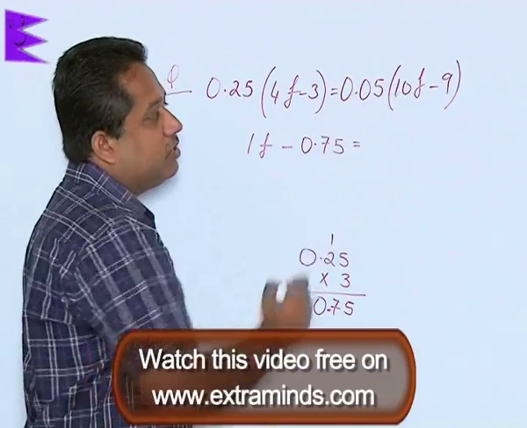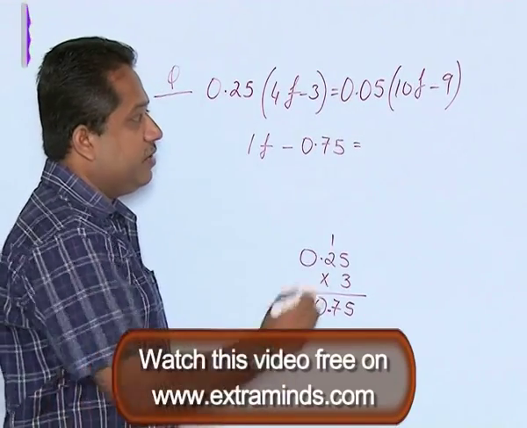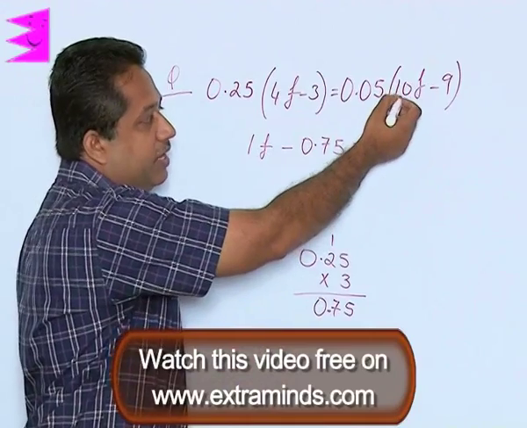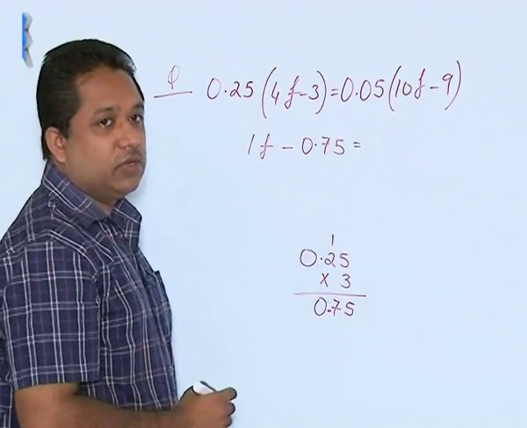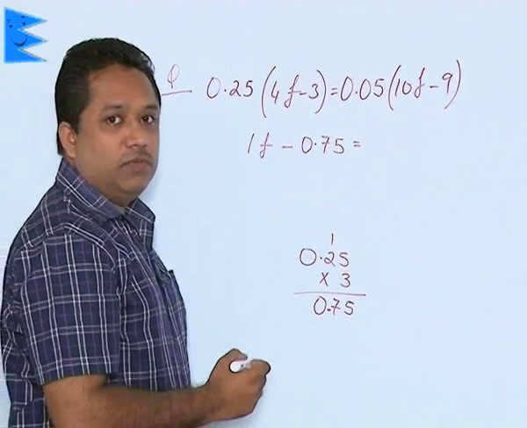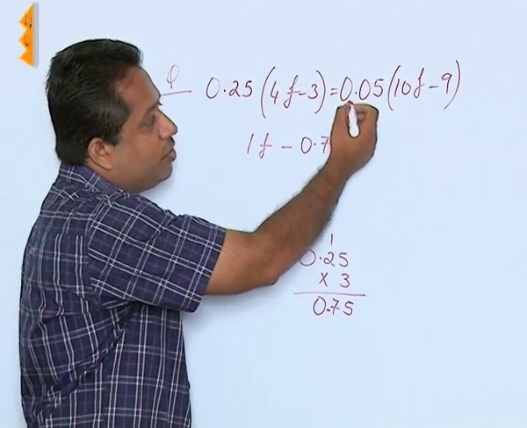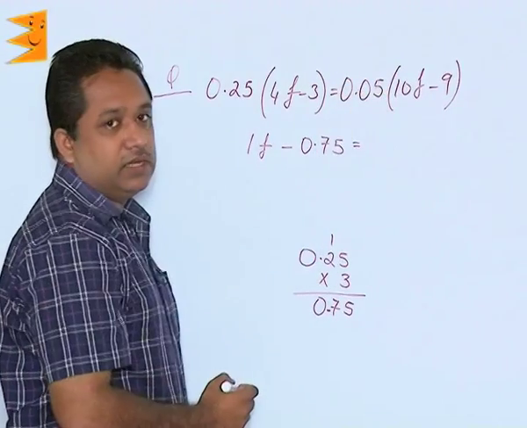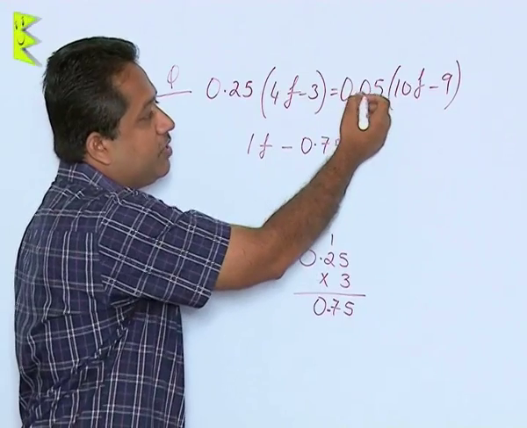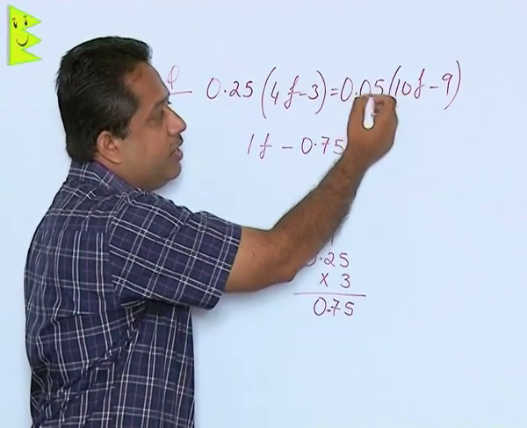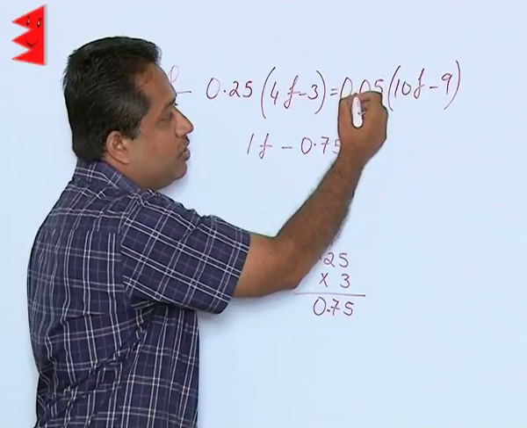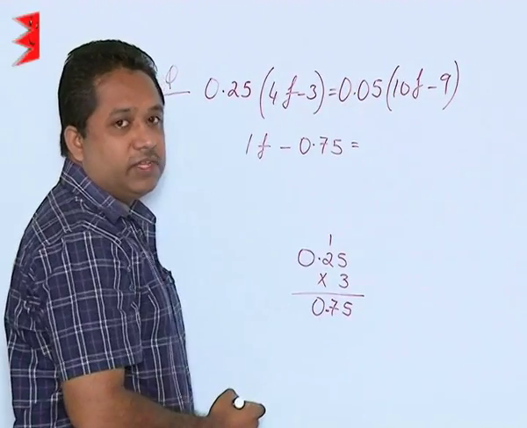0.05 into 10. Now, this multiplication is easy, because whenever we are dealing with multiplication with tens, hundreds and thousands, we do not have to actually multiply, we have to shift the decimal to the right side. So, when 0.05 is multiplied with 10, you just have to shift the decimal one place to the right.